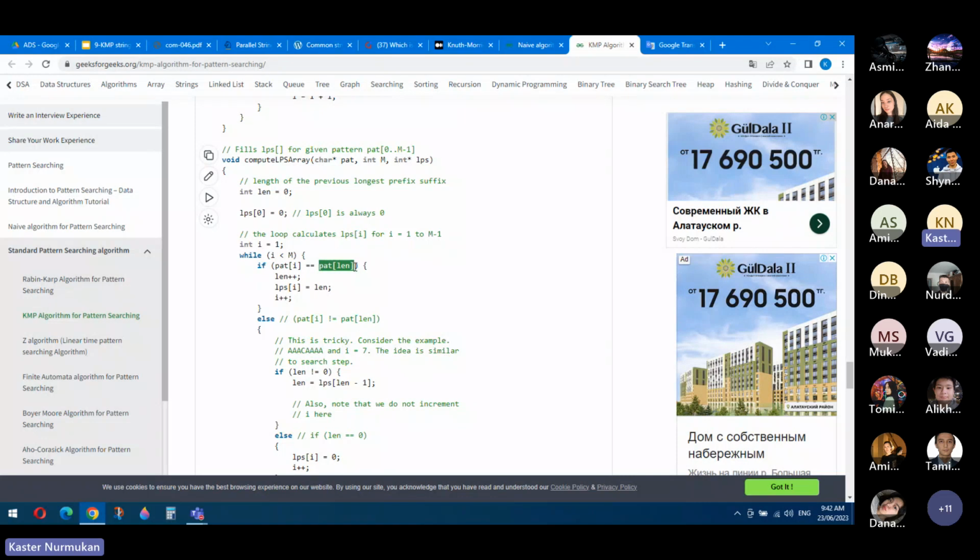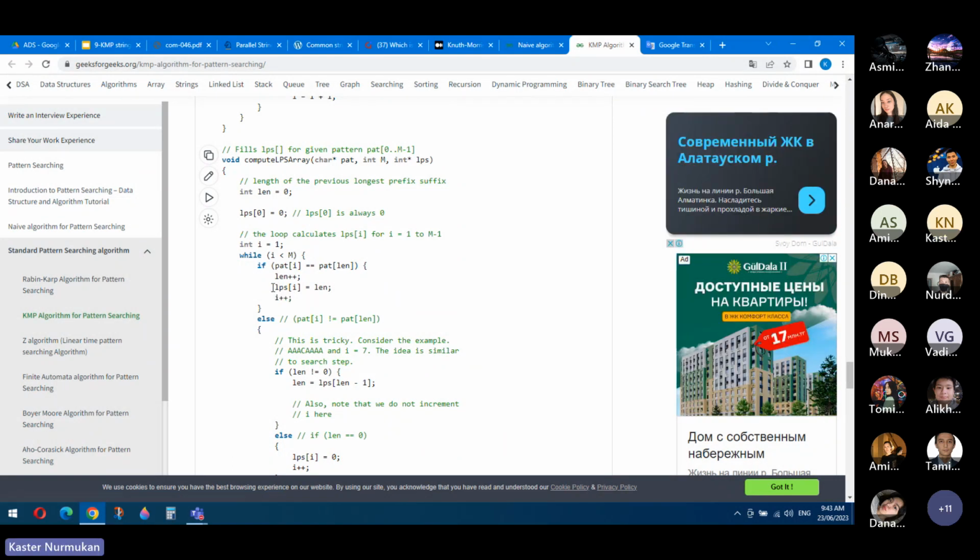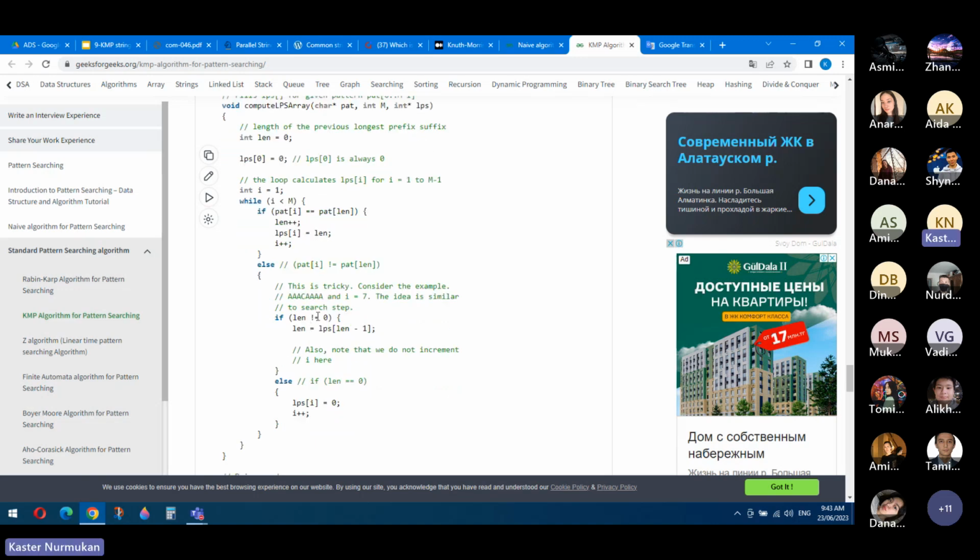The len starts from 0. So both are increased, but they keep it. If it is the same, then they update this value of the last appearable suffix. As you can see, they increase it, then put this in the LPS. Otherwise, if it's not the same, it means it's not 0. Then they decrease it by 1.